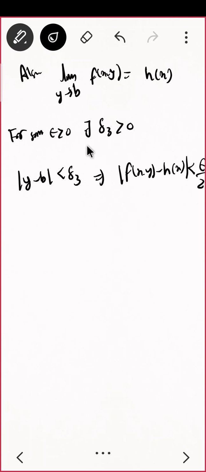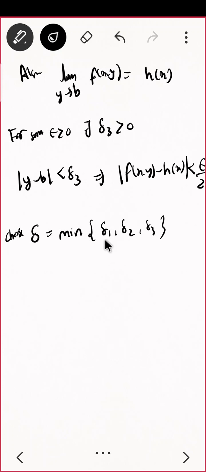To assume that everybody should satisfy the same thing, what should you choose? Choose delta as the minimum of delta 1, delta 2, delta 3, correct? Once you have the minimum of everything, let us write together.